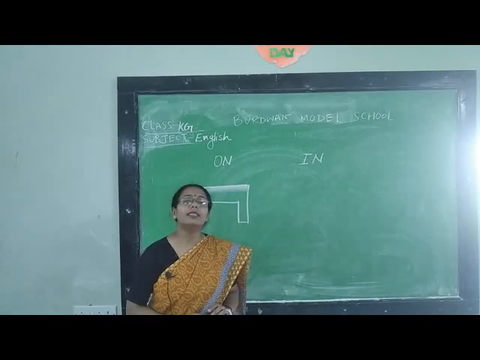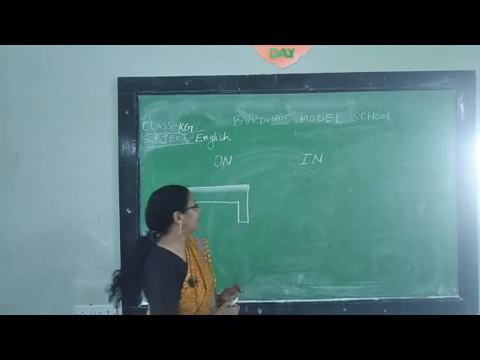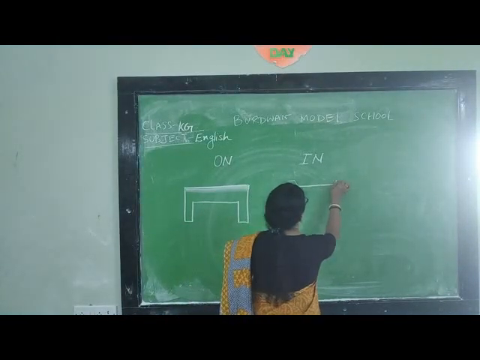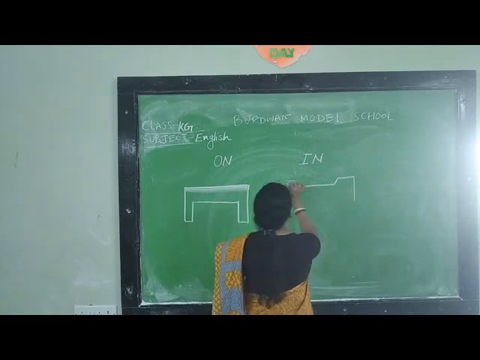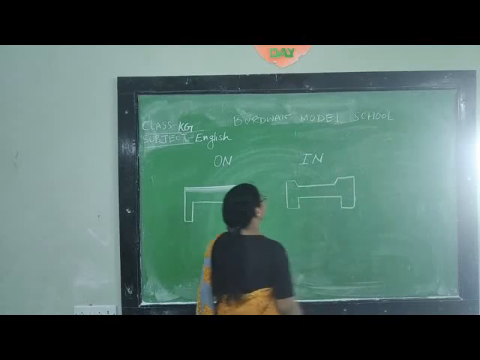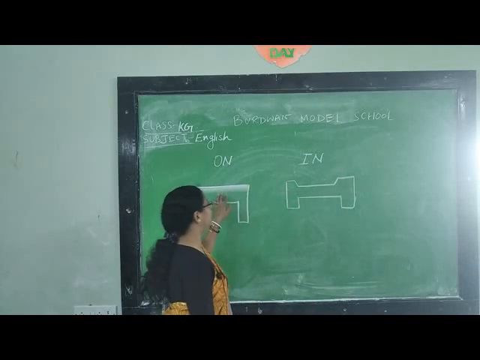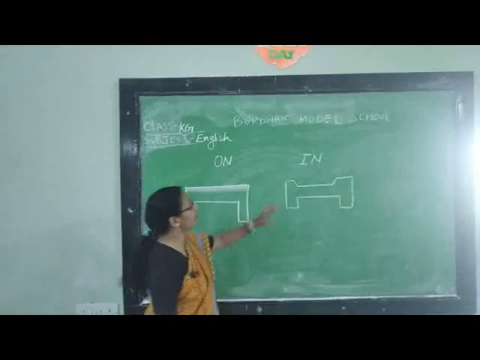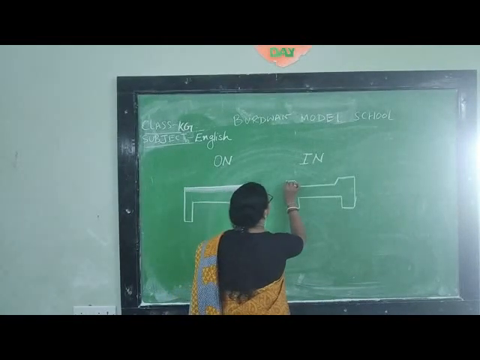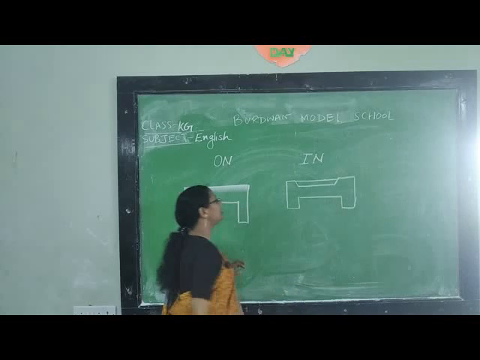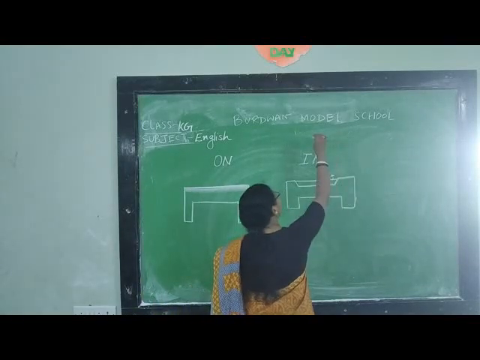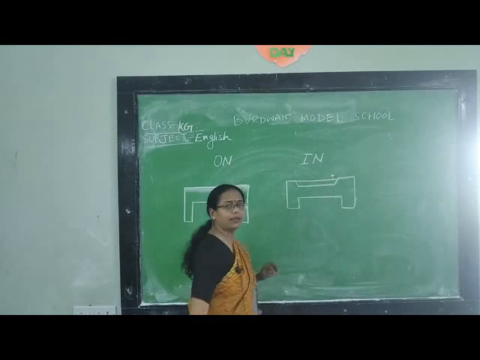Now where to use in? If the surface has a limited boundary, like if this table has a drawer like this, and it is covered, it has a knob, you can pull it up and you can keep something.